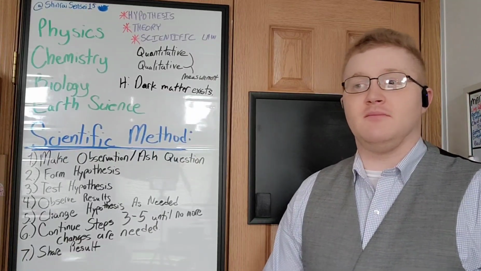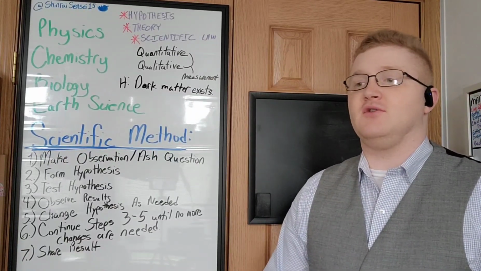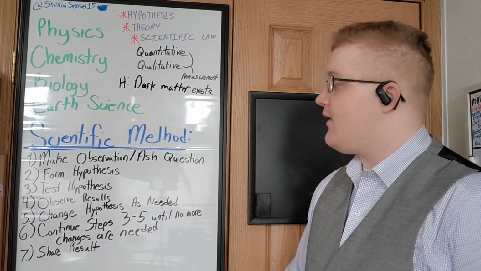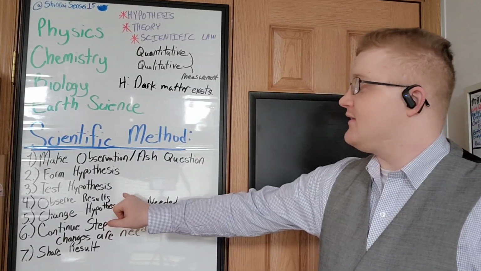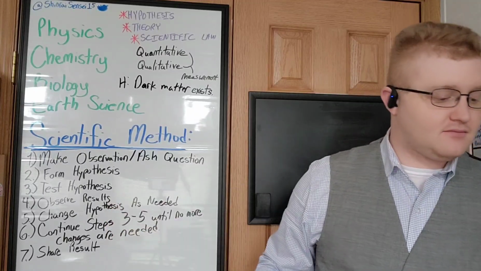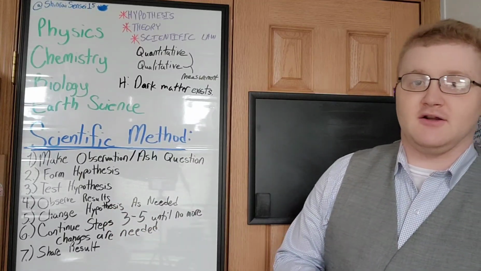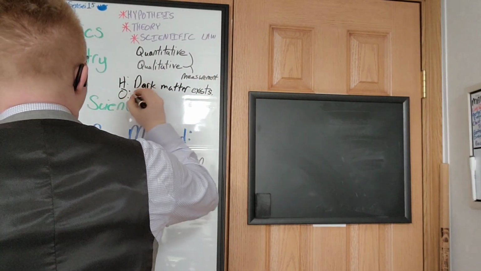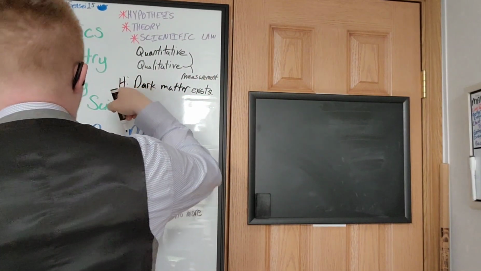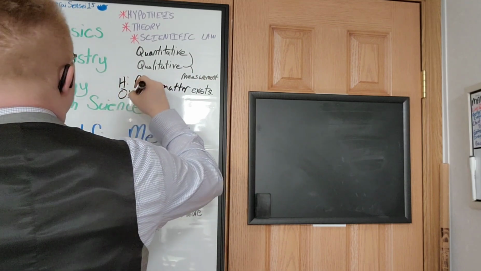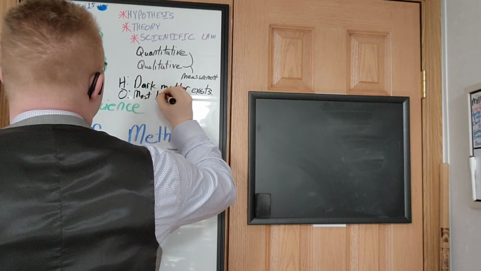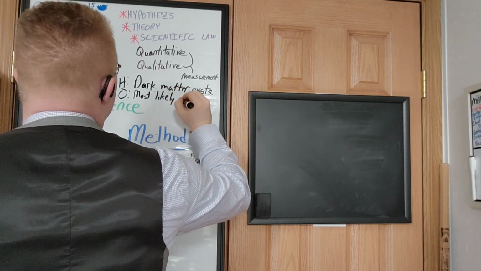Everything that we have done to measure dark matter and to locate dark matter has failed. So now I can make the observation that it's most likely that dark matter doesn't exist based on tests. So the hypothesis after testing, the observation is most likely not.